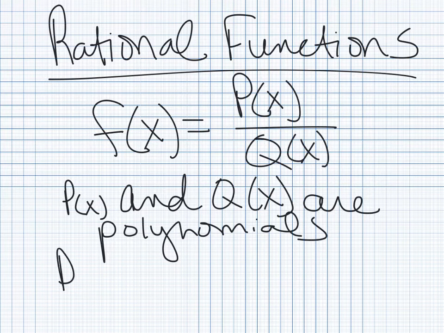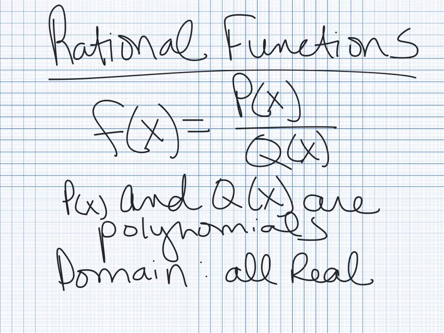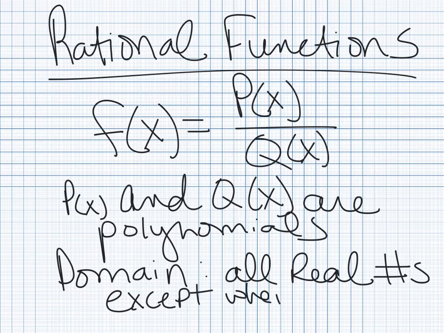And the domain, so the x values, are all real numbers except where your denominator, q of x, is equal to 0. So basically anything that makes that denominator undefined.